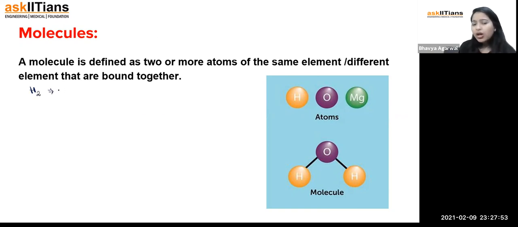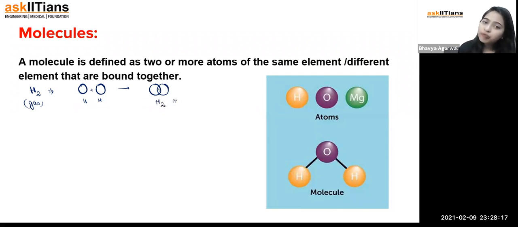Hydrogen gas is represented as H2. It means I have 2 atoms of hydrogen which are connected together. So this is your hydrogen molecule, whereas these were atoms of hydrogen.